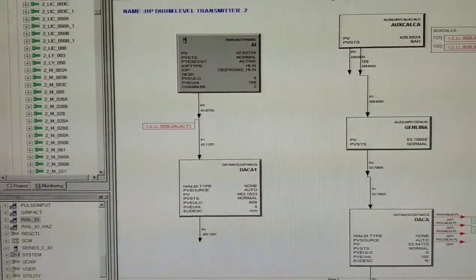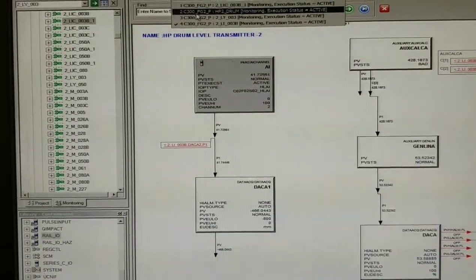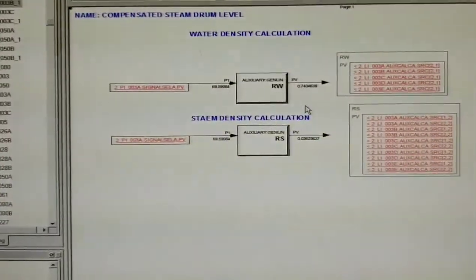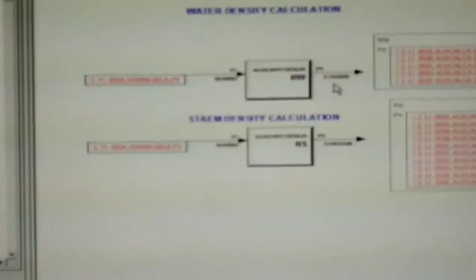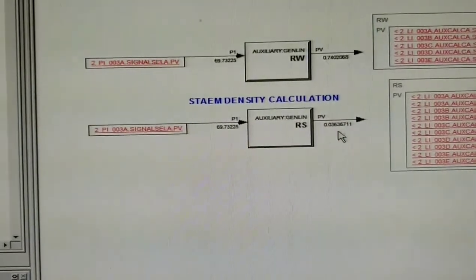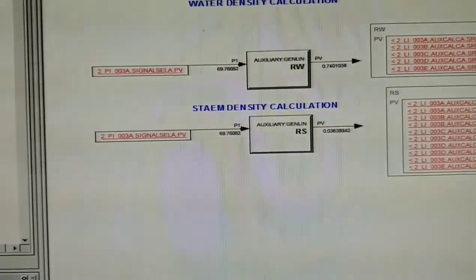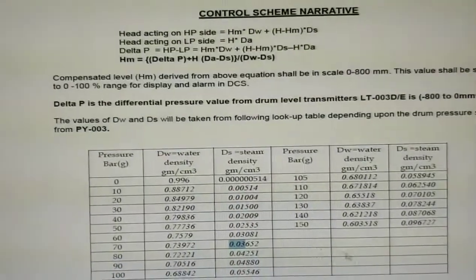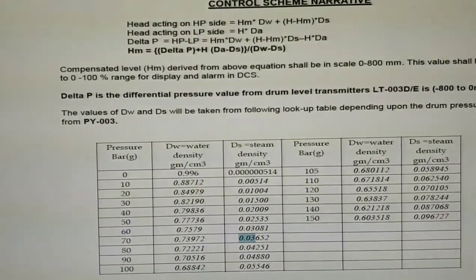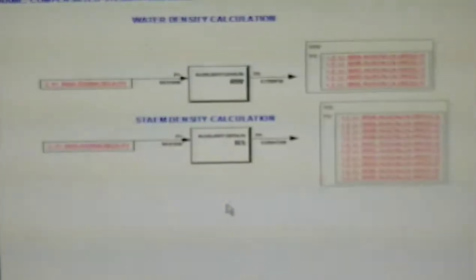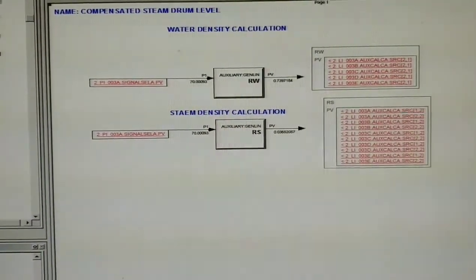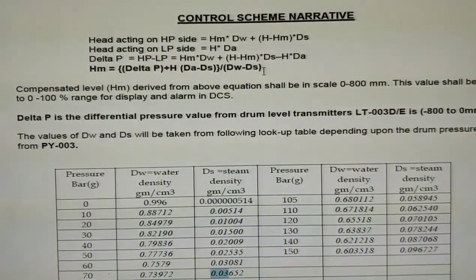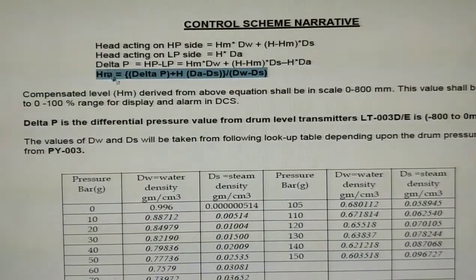So here in the logic you can see raw water density 0.74 and steam density 0.036. As per this lookup table, we have already plotted the calculation in DCS. Now we will see how this calculation is done in DCS.